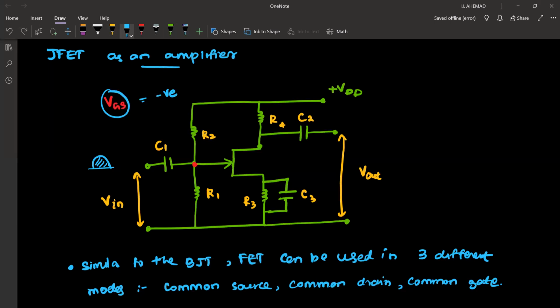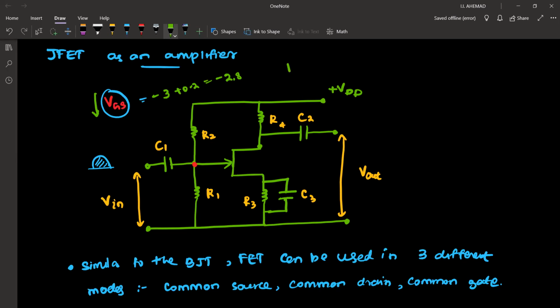For negative value, when we give a positive signal, the negative value will slightly decrease, right? For example, let's say VGS was negative 3 and our signal is plus 0.2. So now it is negative 2.8. So actually it has decreased. If VGS decreases, the depletion layer gets smaller, therefore there is more place for channel.